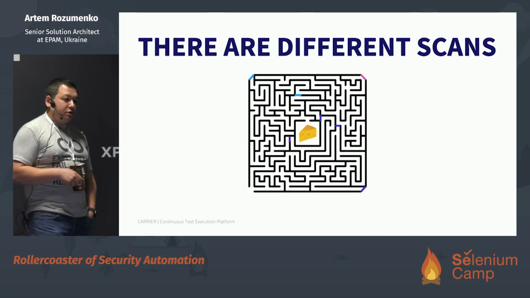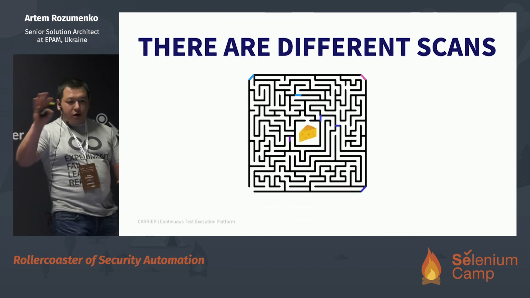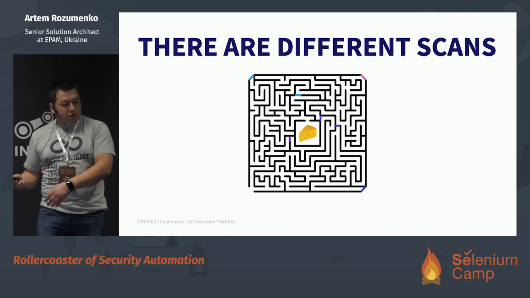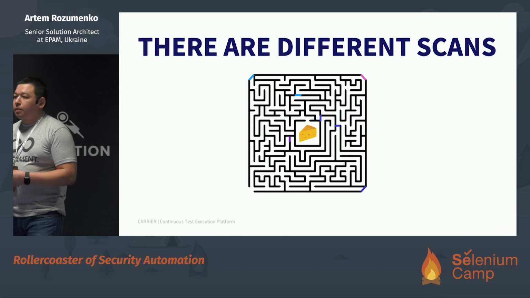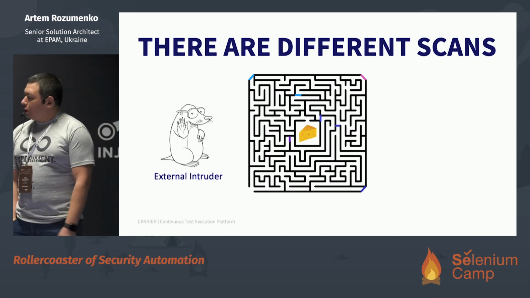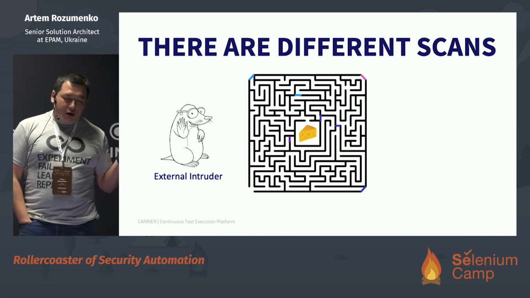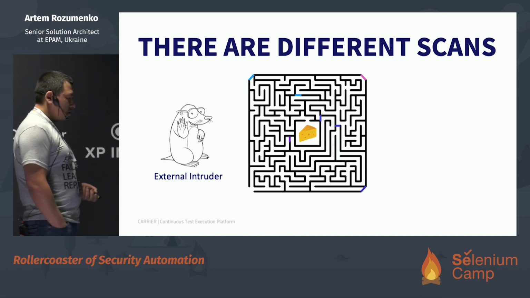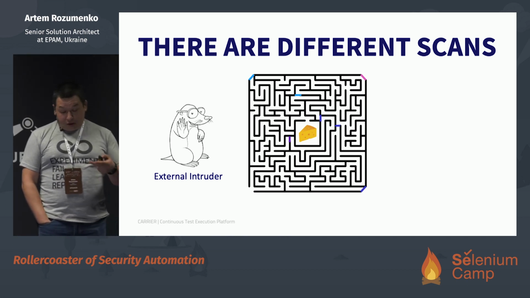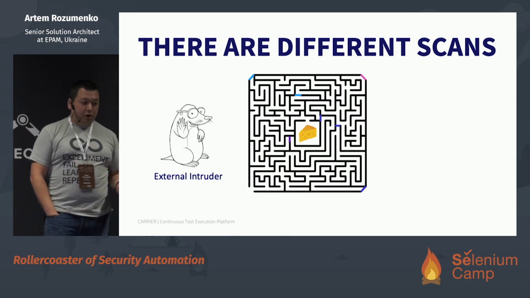Imagine that that's your system. It's quite complex, with entrances, exits, and all of that. Let's imagine a real intruder who does not have any logins, passwords, or anything like that. The only way this person can enter the system is through the open gate.